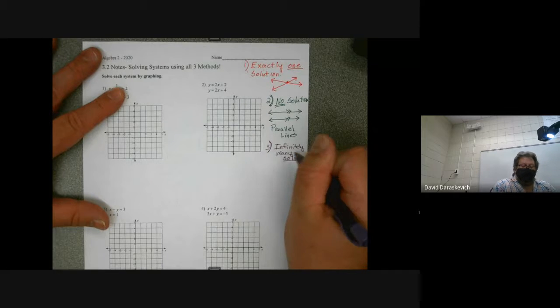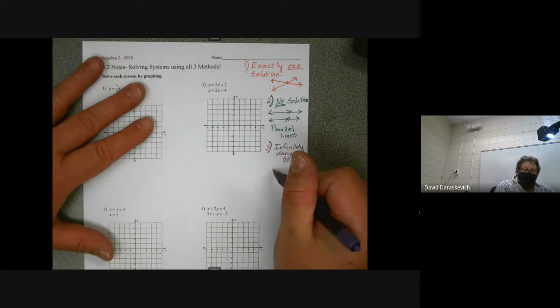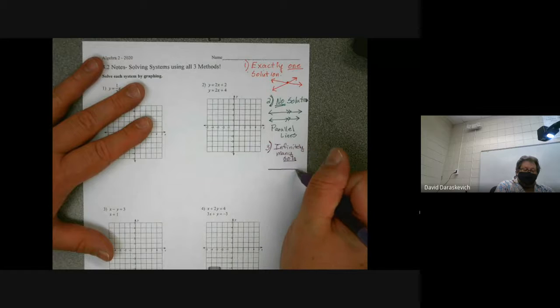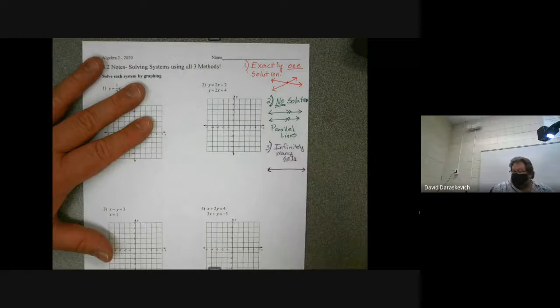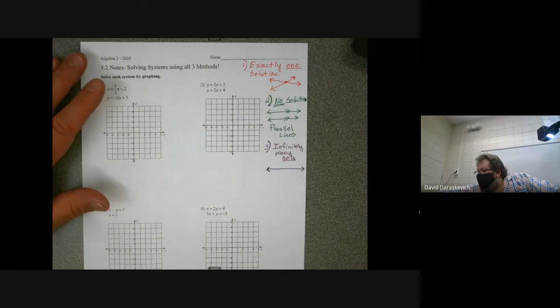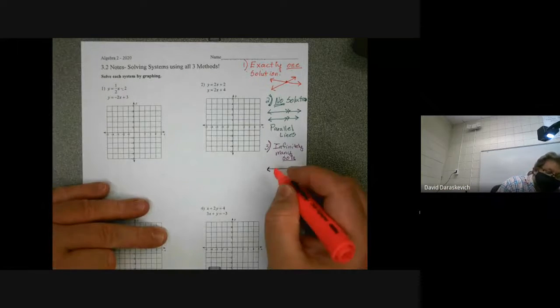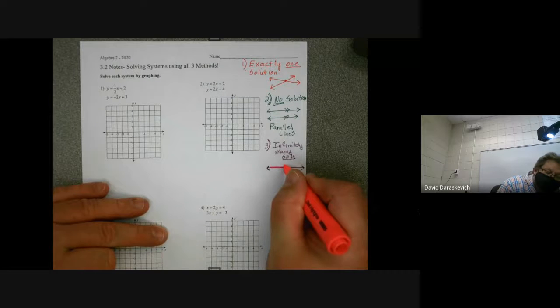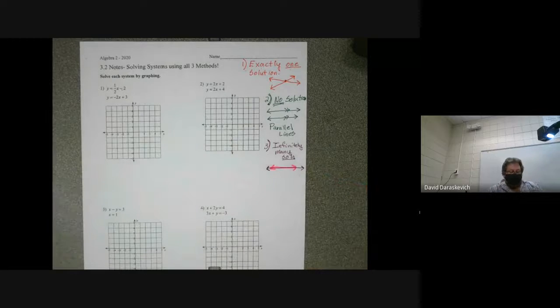Well, when that happens is when every point on both lines intersects. So the only way I can do that is if I have one line on top of the other. So there's one line, there's my second line right on top of it. See how every point intersects? So if we get that case, we have infinitely many solutions.